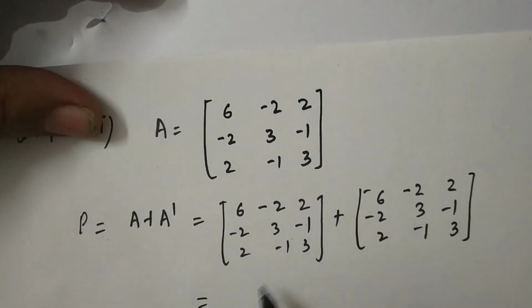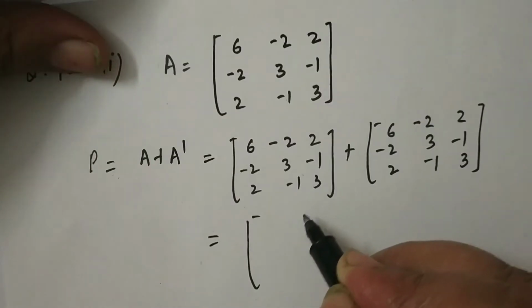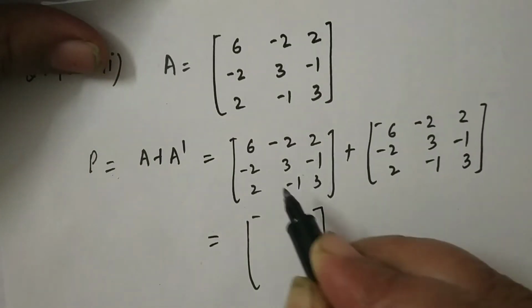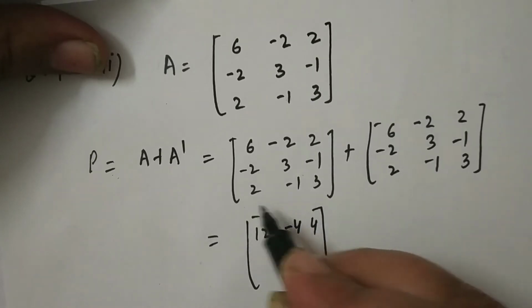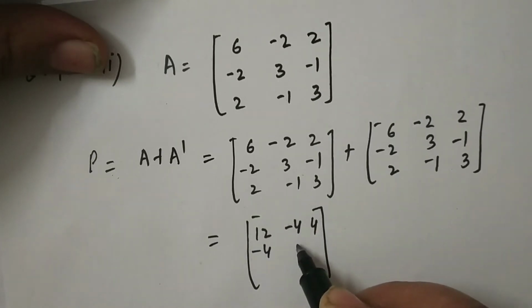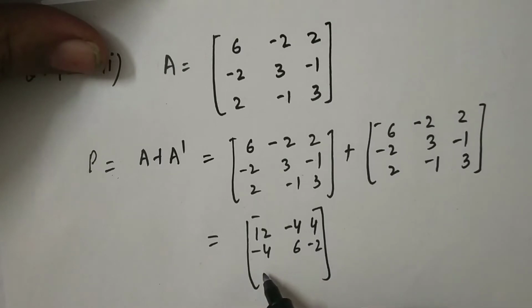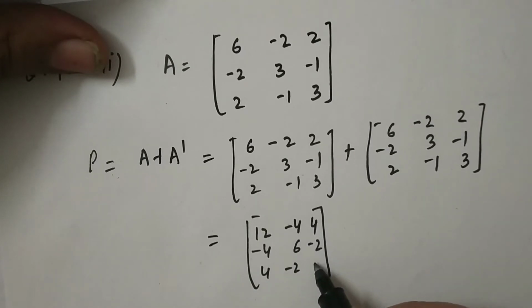If I add them, the resultant matrix is [12, -4, 4; -4, 6, -2; 4, -2, 6].